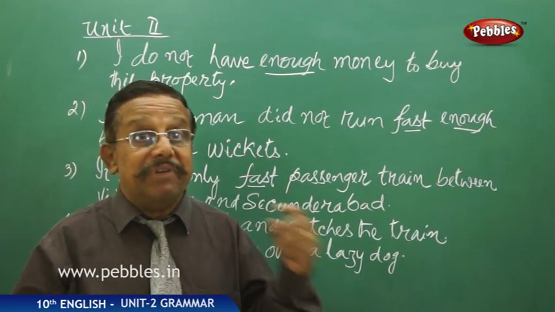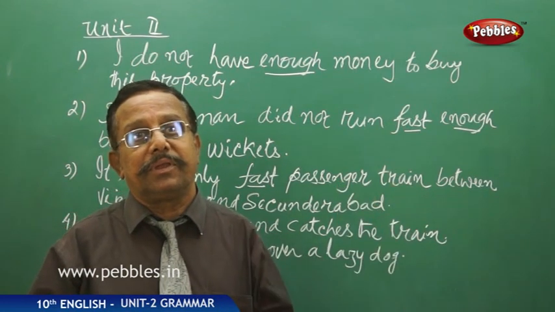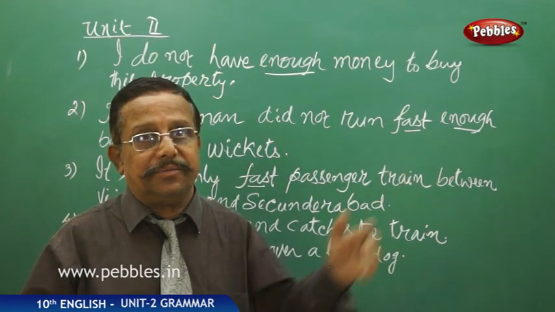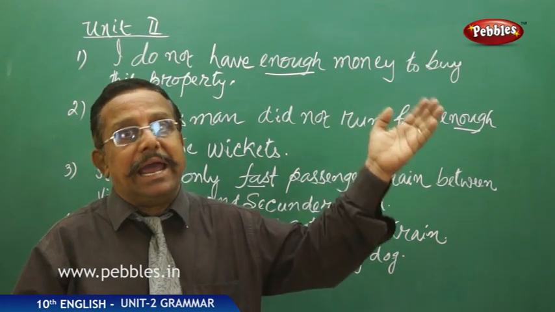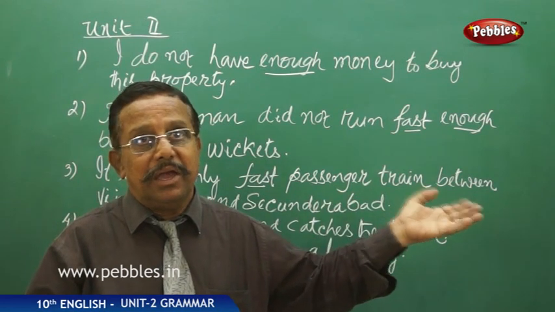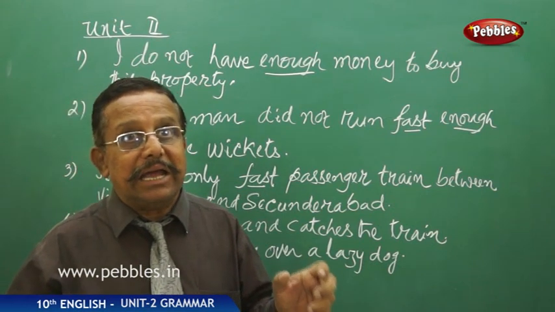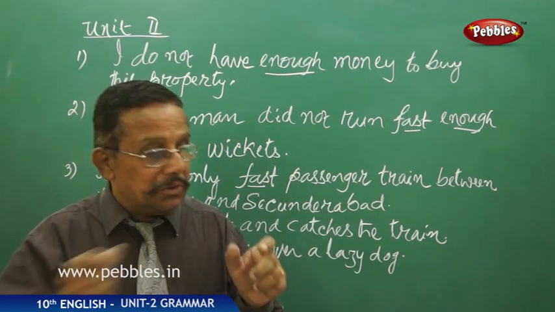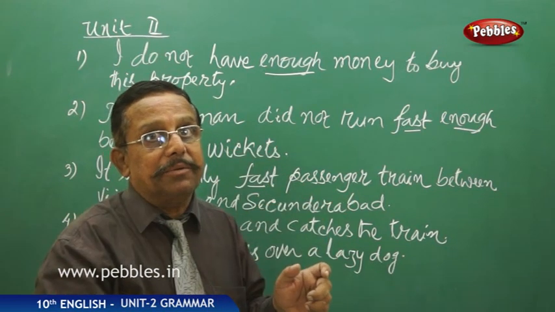Second, with a verb, it almost always comes after the verb. He runs fast. He jumps quick. He jumps high. He speaks well. That way, speaks is the verb and well is the adverb. Jumps is the verb, and high is the adverb.